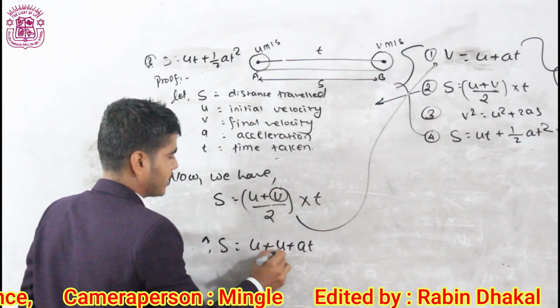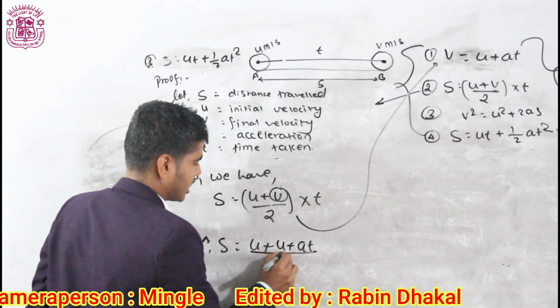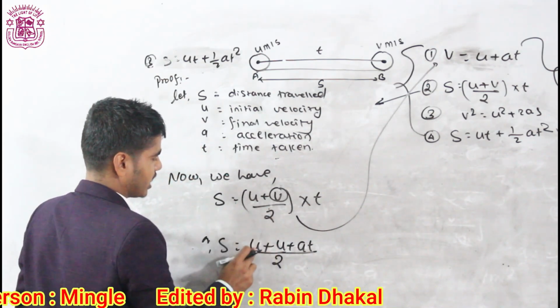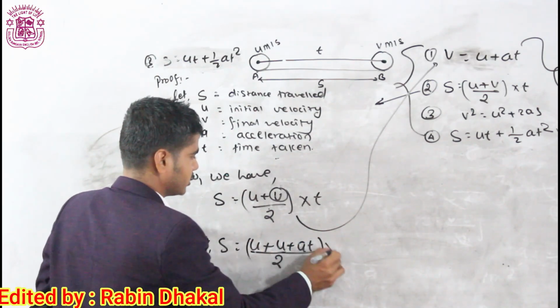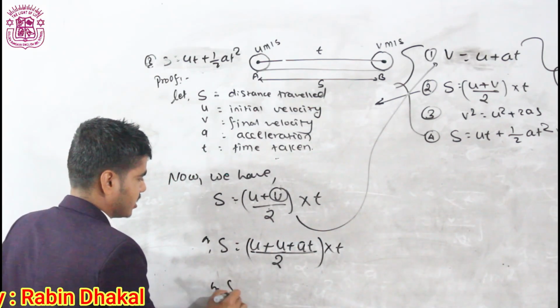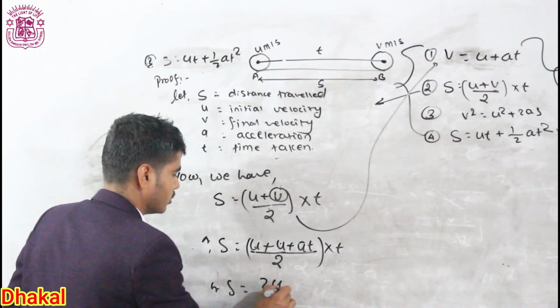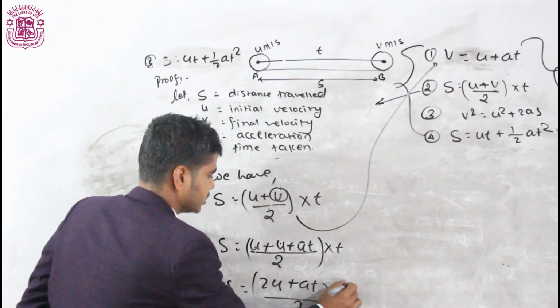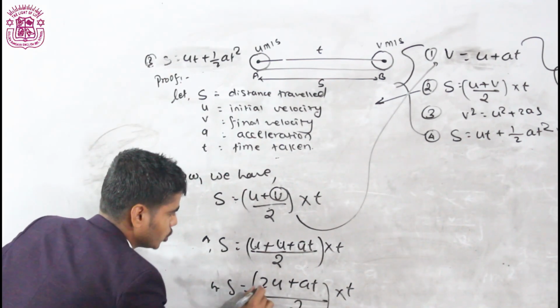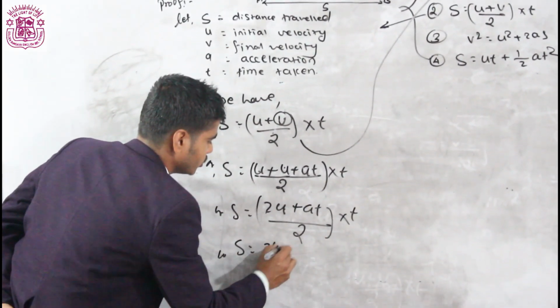Instead of b, we can put u + at. Divide by 2 as it is, u as it is: s = (u + u + at)/2 × t, or s = (2u + at)/2 × t.